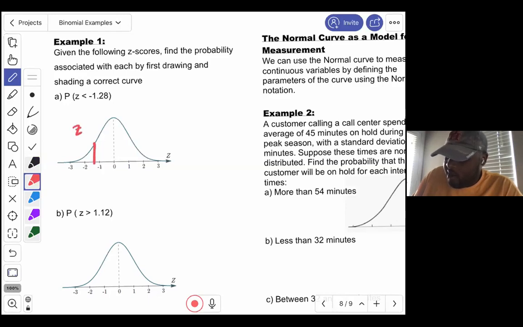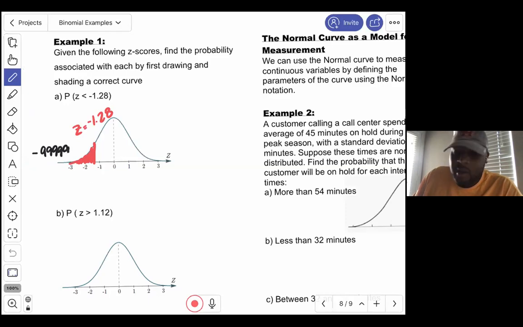If I want to be less than that, I'm going to shade to the left, because that's all the values less than -1.28. So the lower bound here is -99999, going on forever to the left, and it's stopping at -1.28.